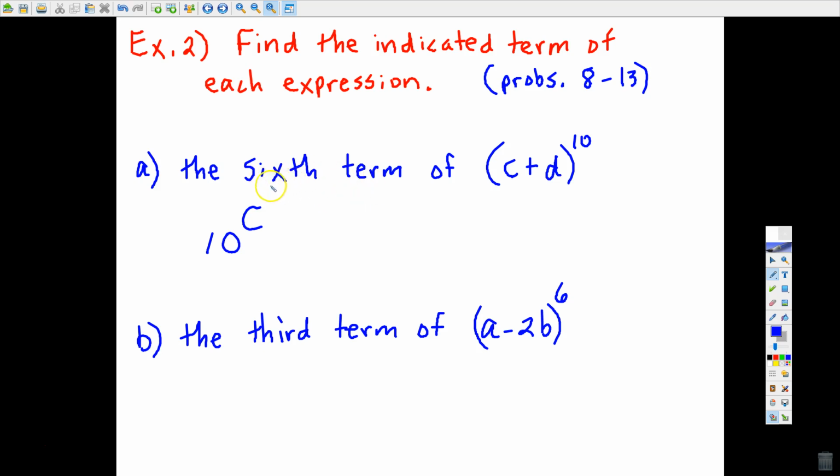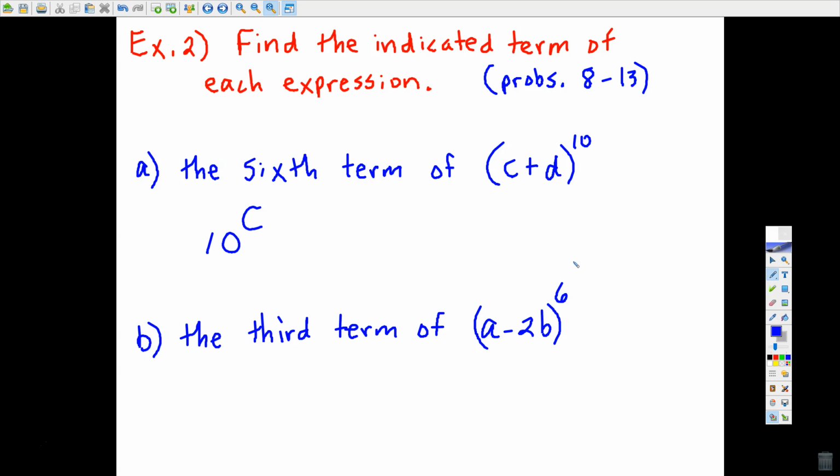Okay, for the 6th term of this, let's think for a second. At the beginning, for the first term, what was the number beside C? For the first one, 0, right? We always start with 0. So for the second term, what would be the number beside C? 1.